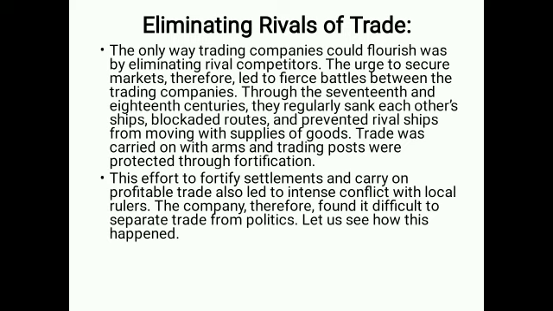Now, to control India, there was a battle between Portuguese, French, Britishers and Dutch. Through the 17th and 18th century, they regularly sank each other's ships, blockaded routes, and prevented rival ships from moving with supplies of goods. Trade was carried on with arms and trading posts were protected through fortification.